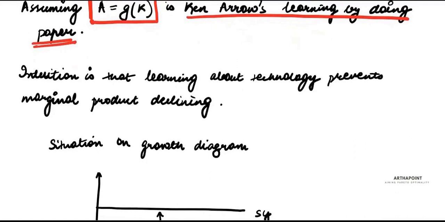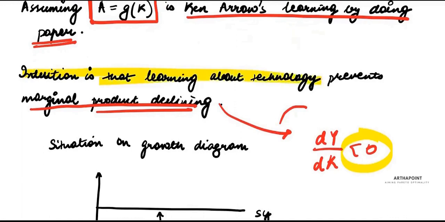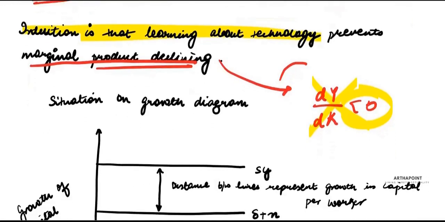The intuition is that learning about technology prevents the marginal product from declining. So when does marginal product decline? When output is increasing but at a decreasing rate, right? But now we are saying every time it's about to decline, all of a sudden there is a new technology which stops this from declining.